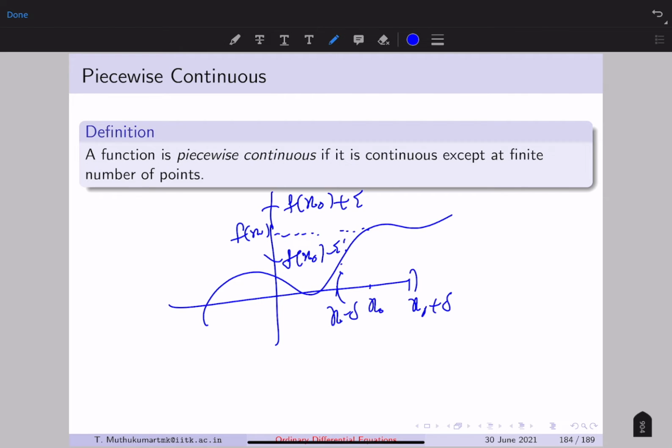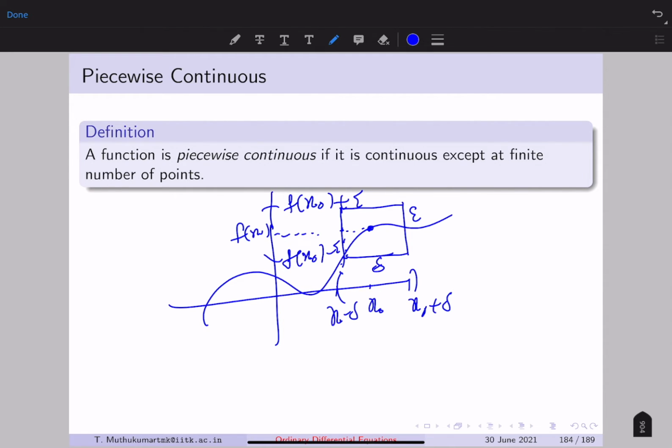Basically, what you get is a rectangle here, where this length is epsilon and this length is delta, centered at the point x naught comma f of x naught. So when you say continuous function, you have already seen this epsilon delta definition.